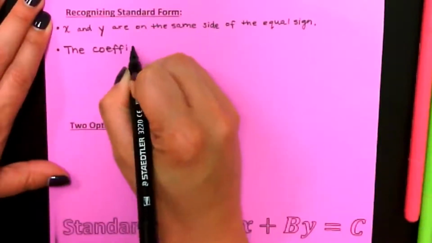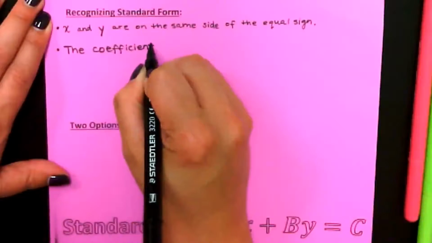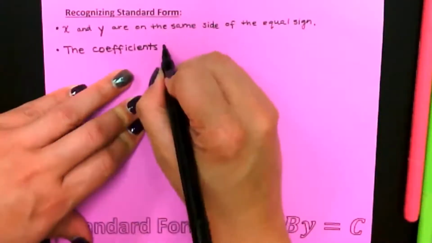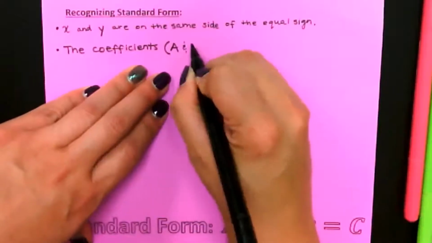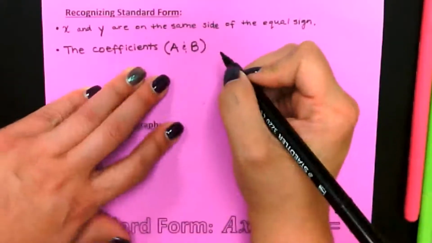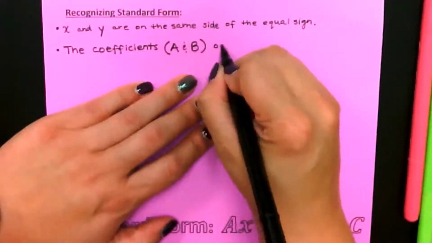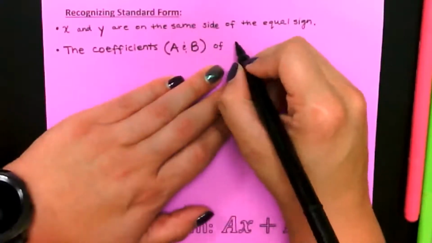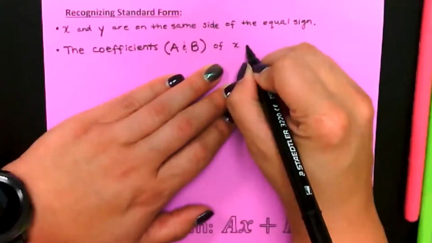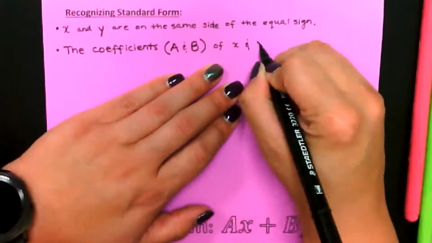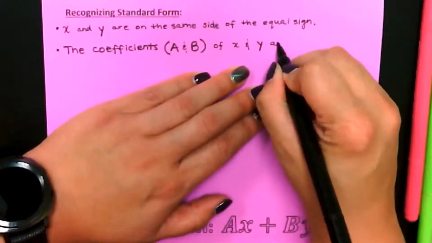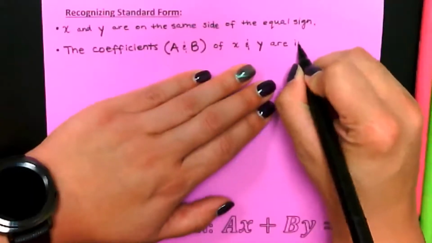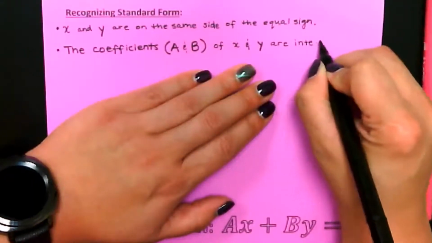The coefficients, notice this time they're capital letters, A and B, the coefficients of x and y are integers. This one is super important.